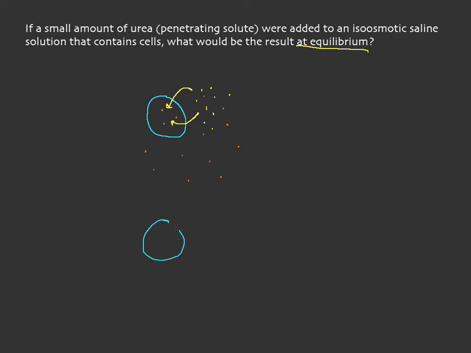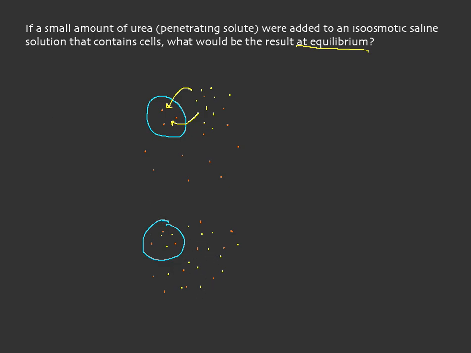So if I draw it again down here, the orange solutes are already evenly spaced, and now the yellow urea will soon join it because it can easily pass over the membrane. So now both concentrations are evenly spaced out.